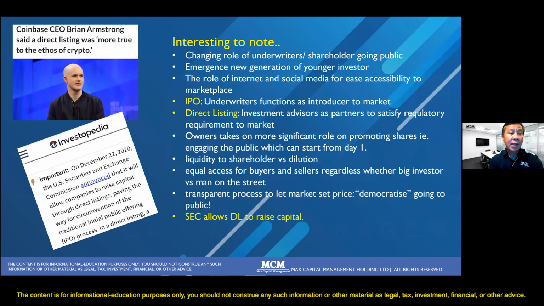Now, at the same time, we can see that liquidity to shareholders in direct listing is actually advantageous to the earlier investors compared to an IPO, where usually the shares are given at a discount and already diluted.